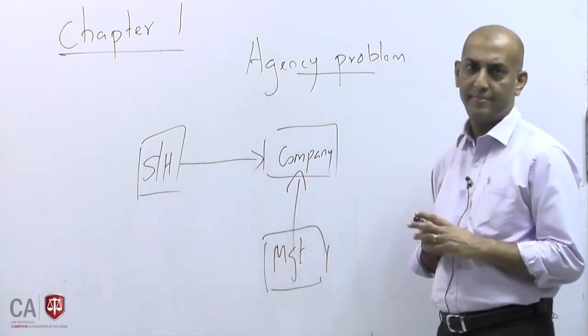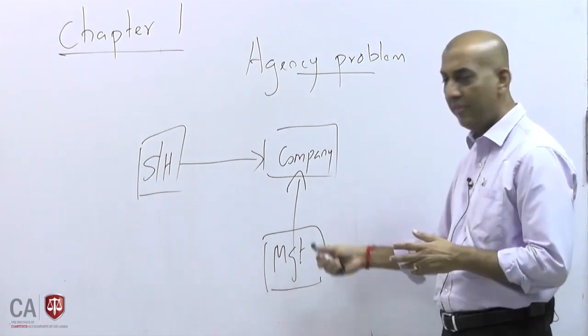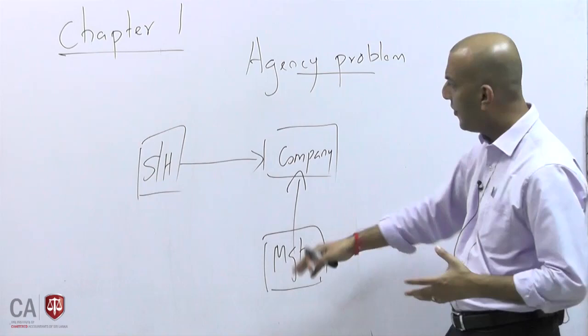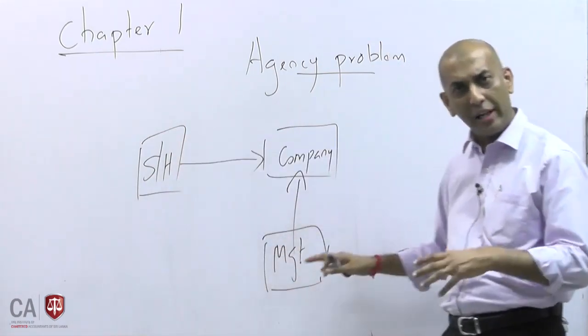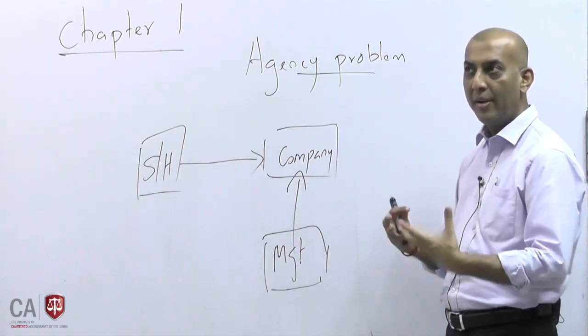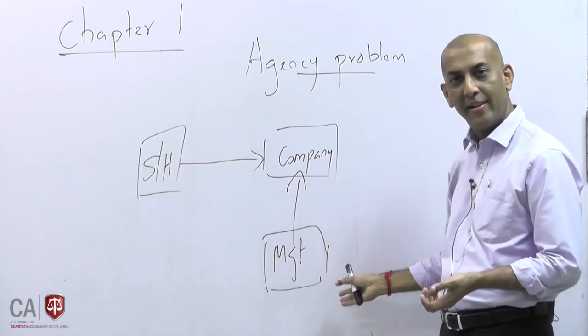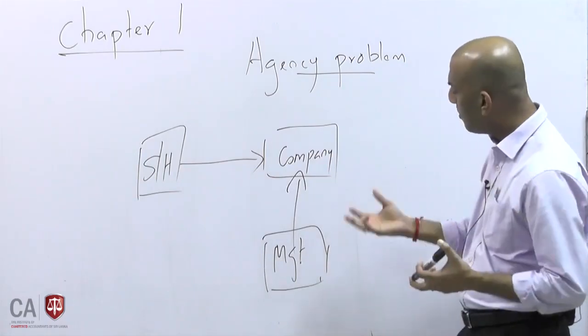Why? Management is doing everything for the benefit of somebody else, not only for themselves. They also benefit, but they think: I am working for somebody, and he is benefiting more than I am. So what do I do? So there is a problem.